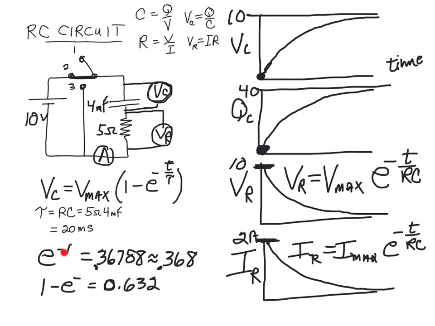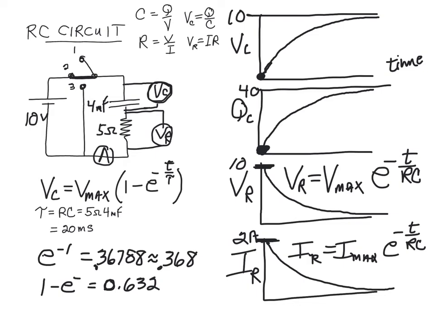So e to the minus 1 is 0.36788 and more. Rounded to 3 digits, it's 0.368. If we subtract that from 1, we get 0.632.